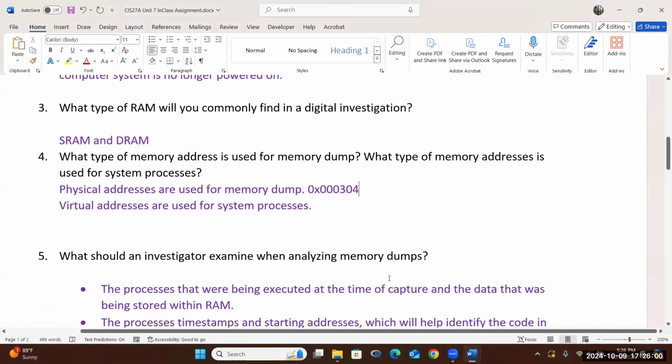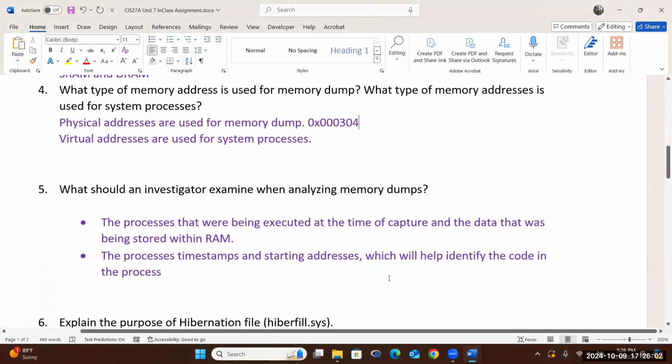Okay. So when you examine your memory, these are the things that you need to remember. Number 1, the processes that were executed at the time of the capture, right? That really tells us the activities that are happening with that computer. And the data that was stored within the RAM.